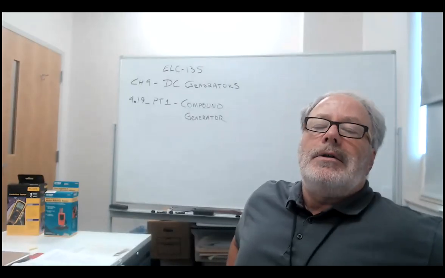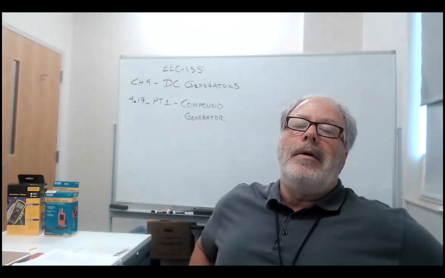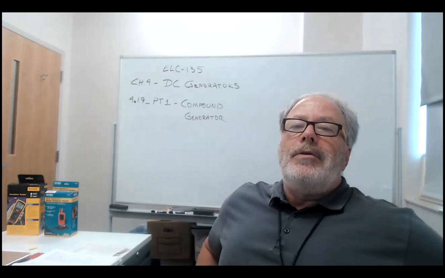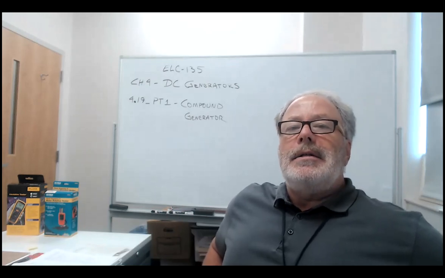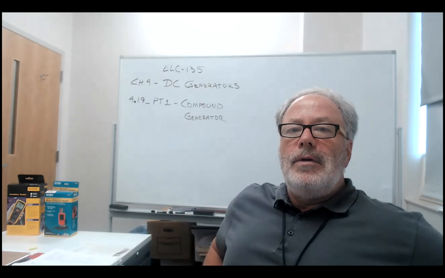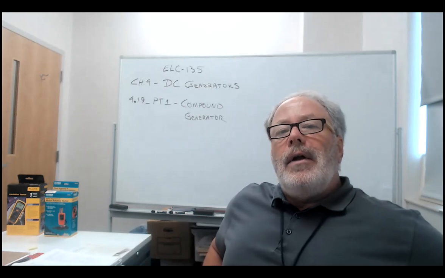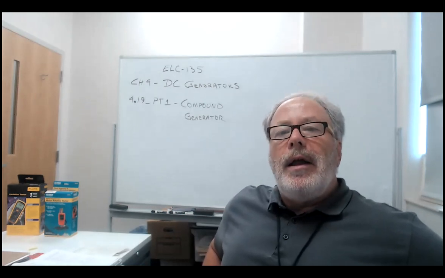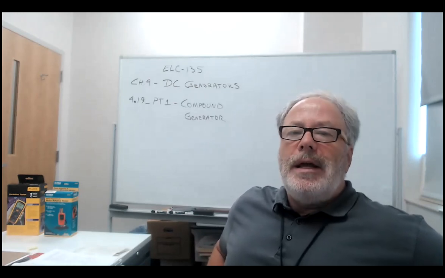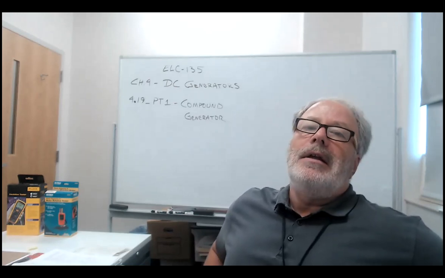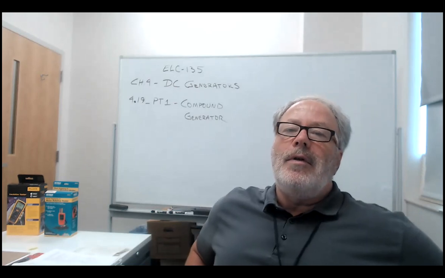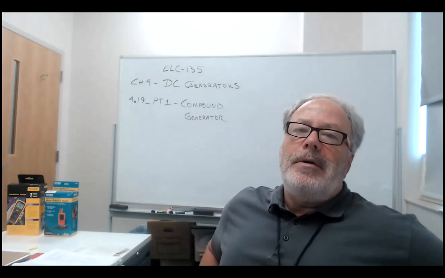Section 419 is called compound generator. We'll look at the compound generator as this design that improves the voltage regulation over a separately excited and a self-excited connection scheme for the field type generators.